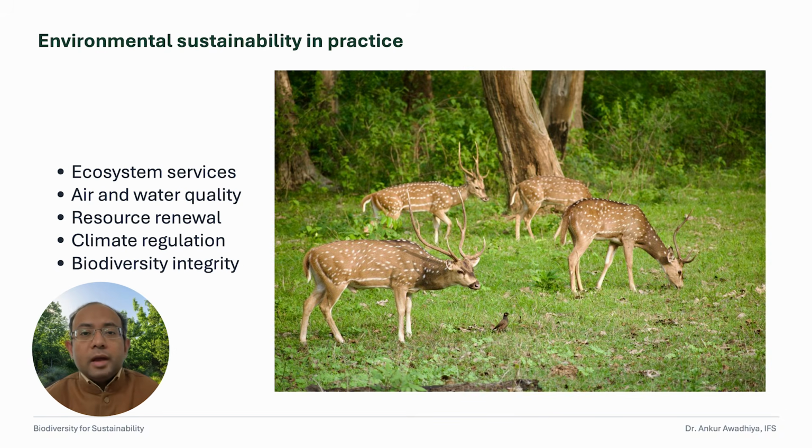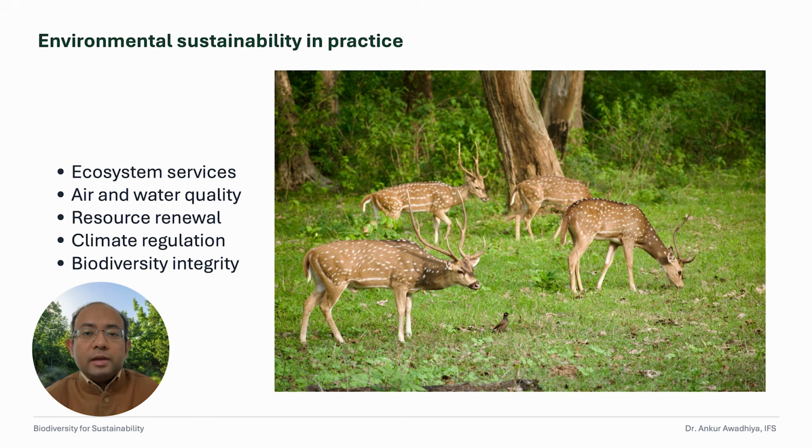In practice, environmental sustainability is seen through ecosystem services: air and water quality, resource renewal, climate regulation, and biodiversity integrity. These are not abstract ideas. Clean water supports life and health. Healthy soils support agriculture.